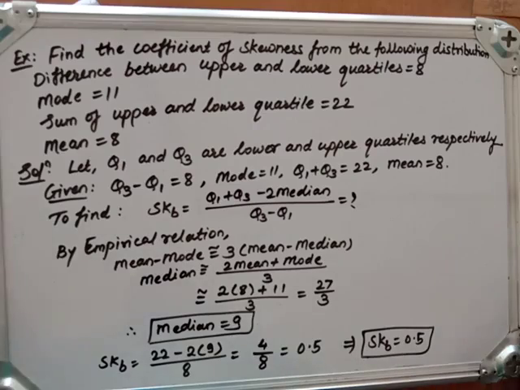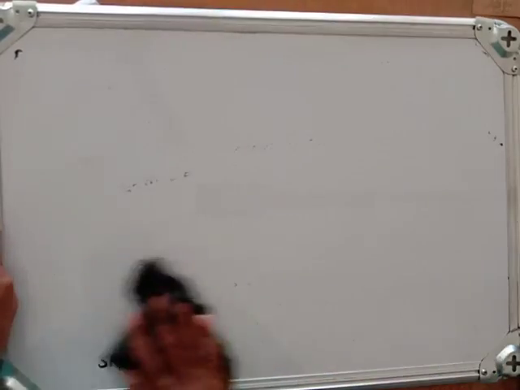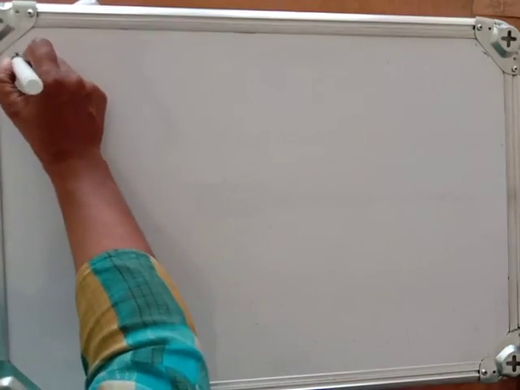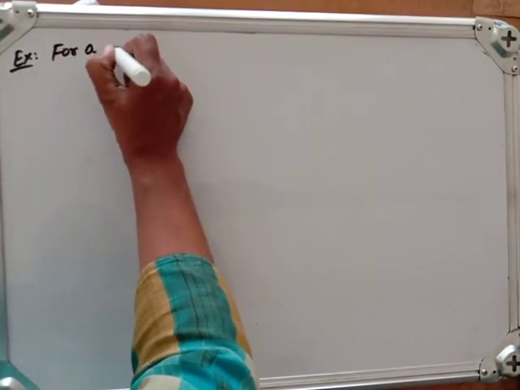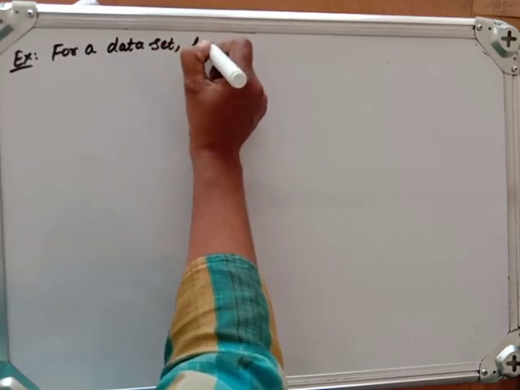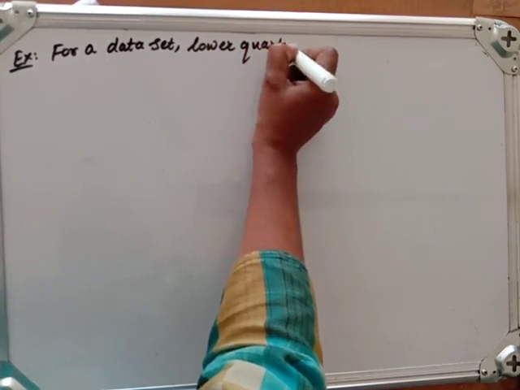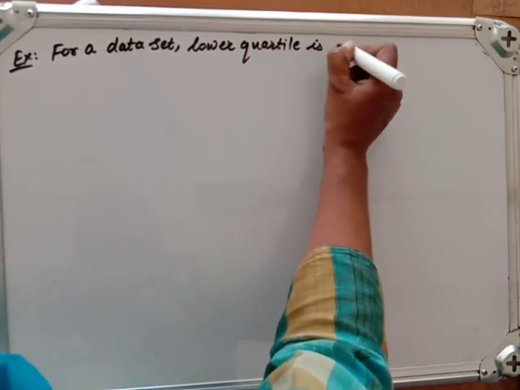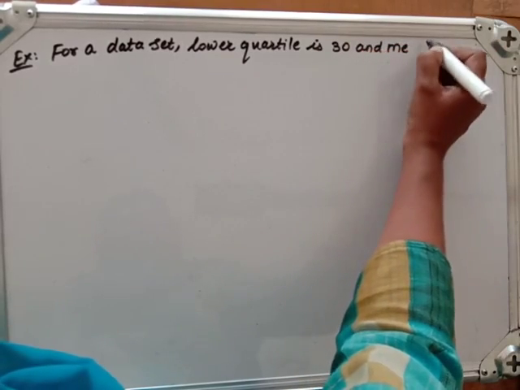The next example. For a data set, the lower quartile is 30 and the median is 40.